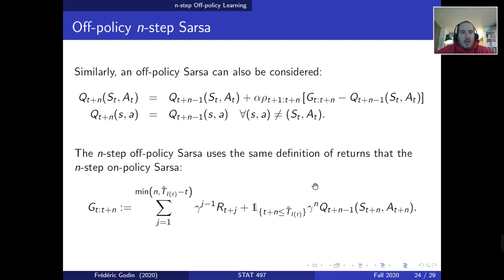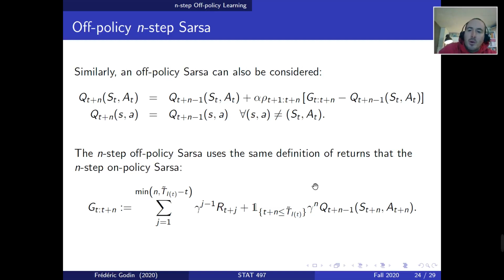And again, the same thing that changes with respect to the on policy setting is that rewards and returns must be multiplied by the importance sampling ratio to reflect the disparity of likelihood of the various episodes under the behavior and the target policy.